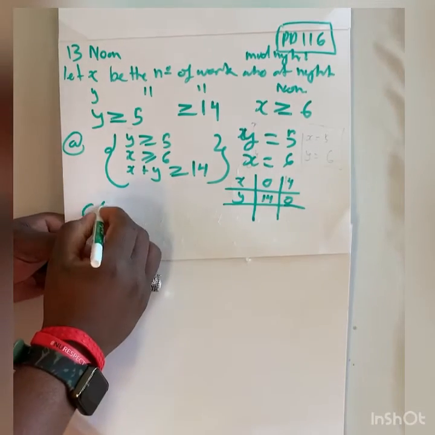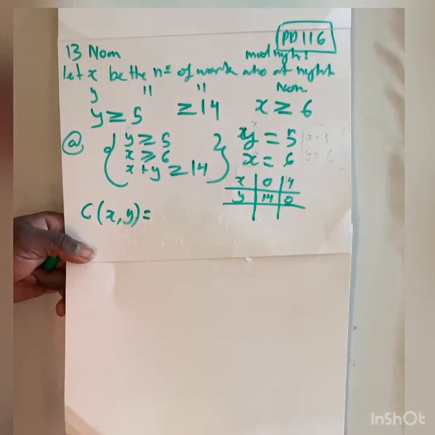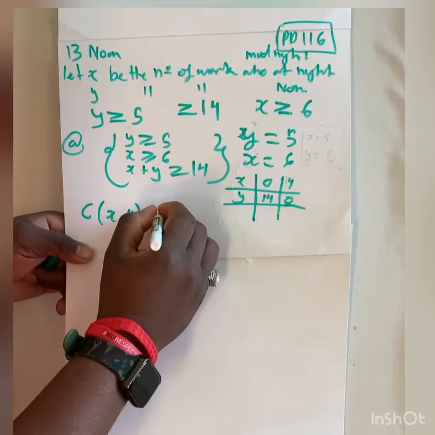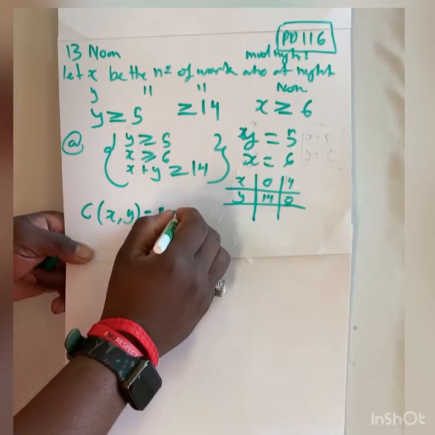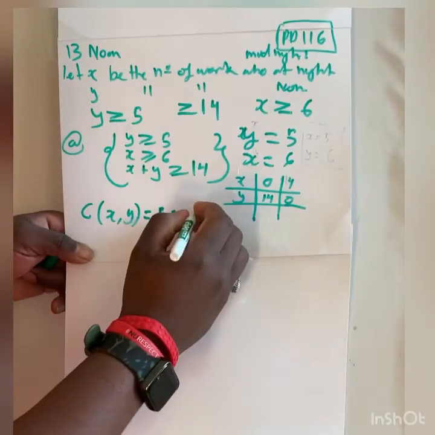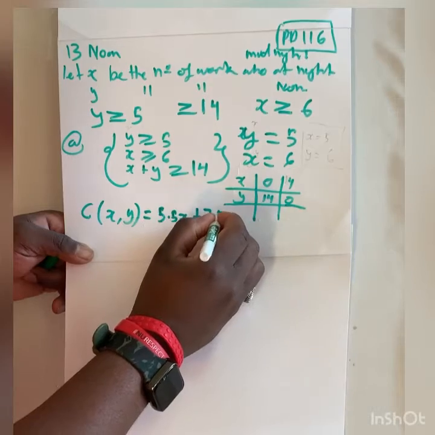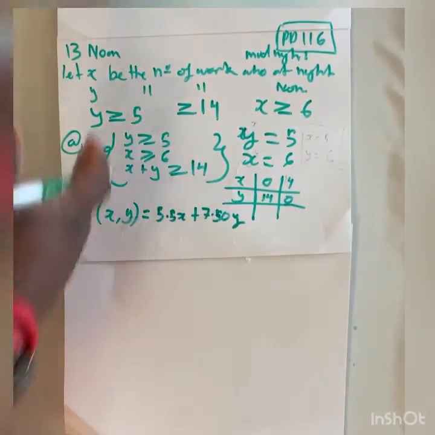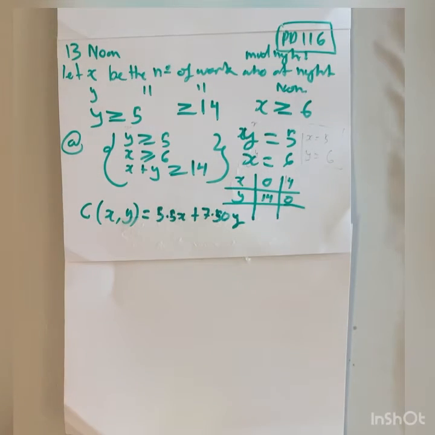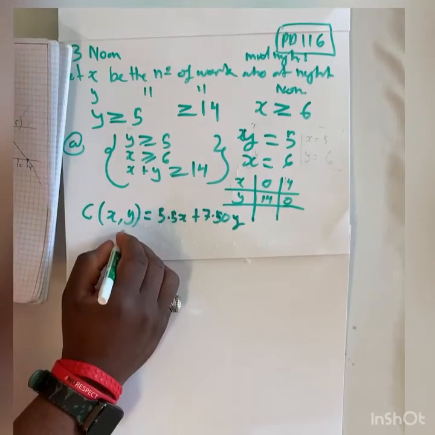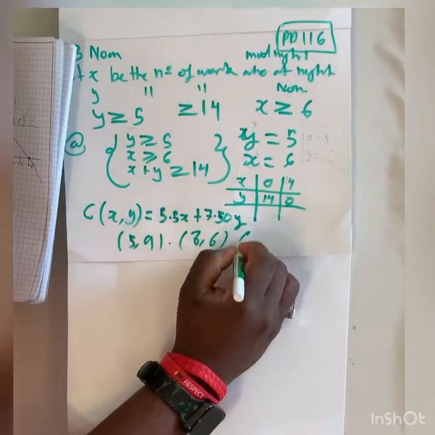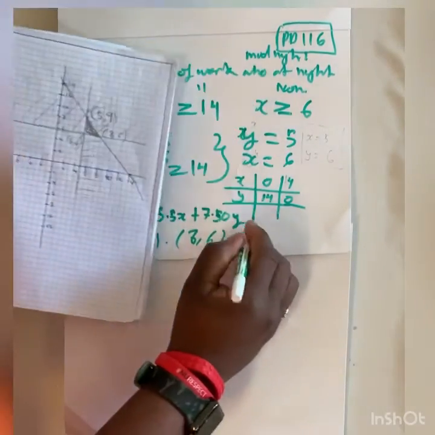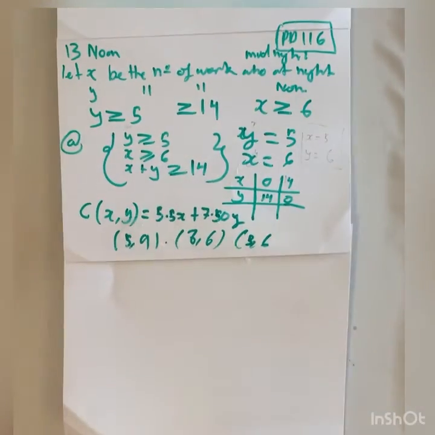I can just say C is the cost of X and Y. They say $5.50 for noon, I can name it X, plus $7.50 Y. Then I go to the points I got from my graph: 5 and 9, 8 and 6, and 5 and 6. Those are the 3 points.